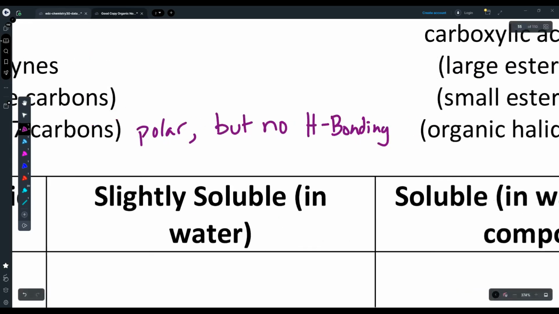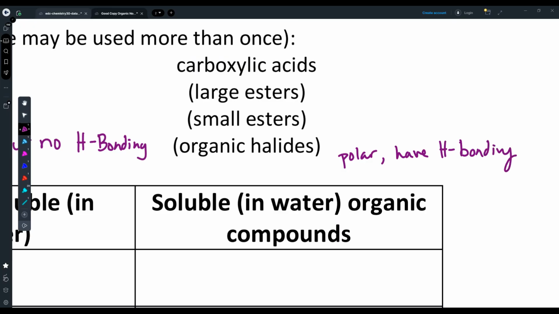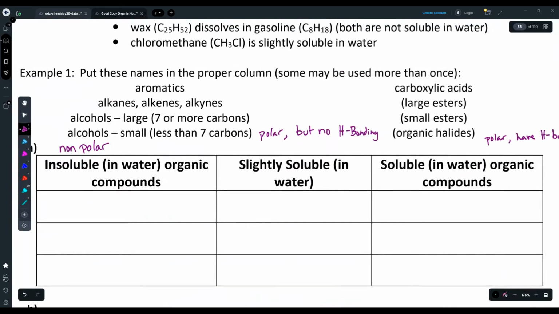And then substances which are soluble in water are going to be your polar substances that have hydrogen bonding. Okay, so that's kind of what we're looking for in each category here.